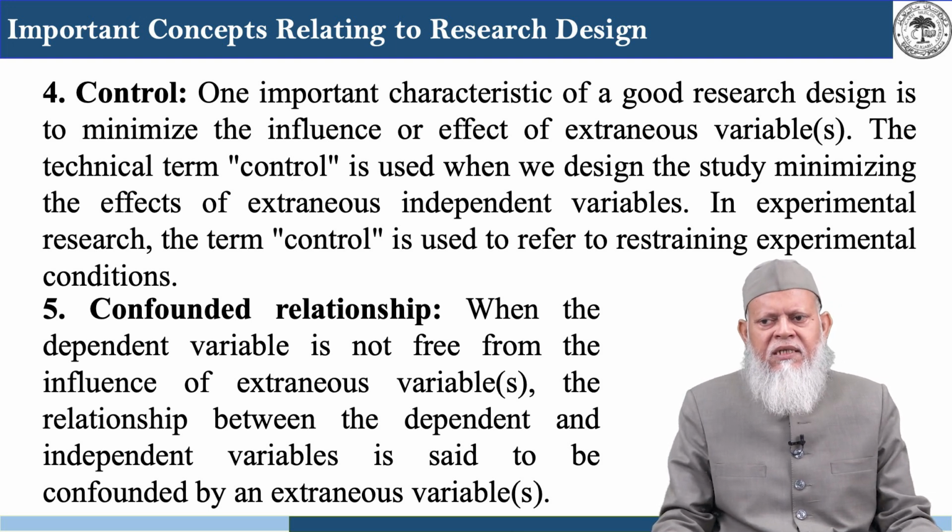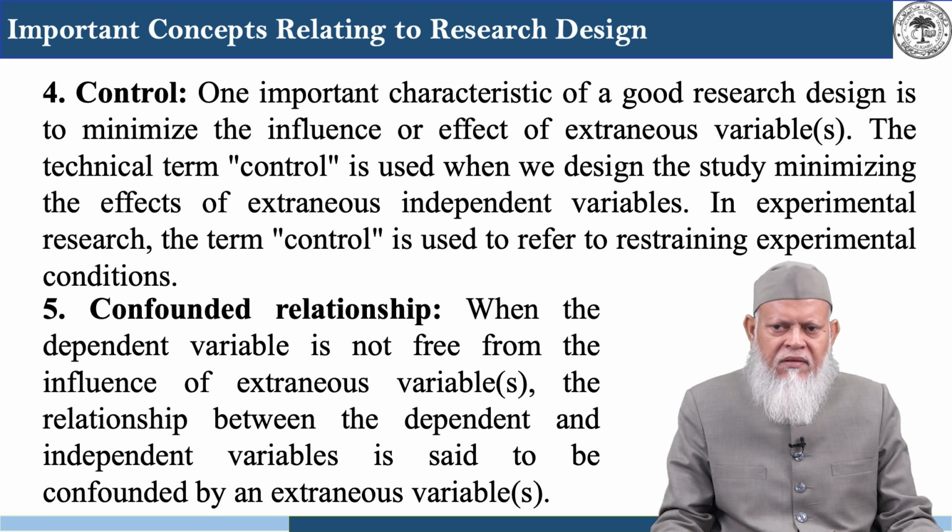Then there is the concept of control, which is very much compulsory in science research or life science or medical research, but in social science also. Increasingly now there is use of control.